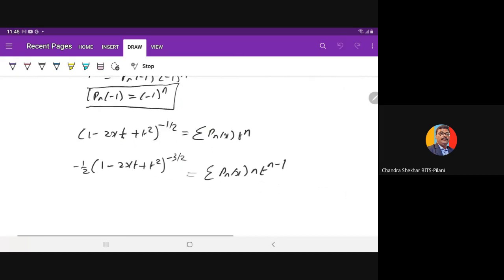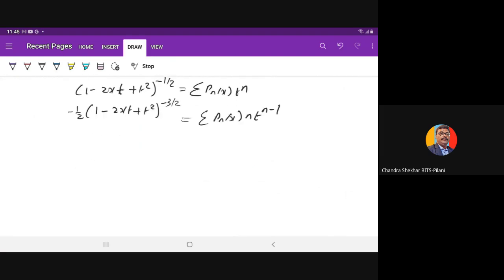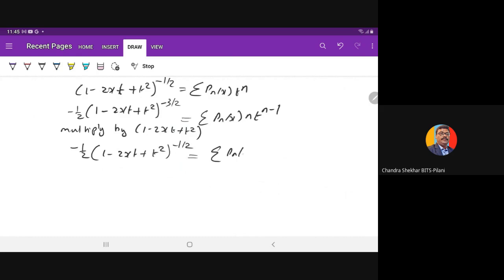If you multiply on both sides by 1 minus 2xt plus t square, on this side we have minus half times (1 minus 2xt plus t square) to the power minus half, which is equal to the summation P n of x into (1 minus 2xt plus t square) n t to the power n minus 1.